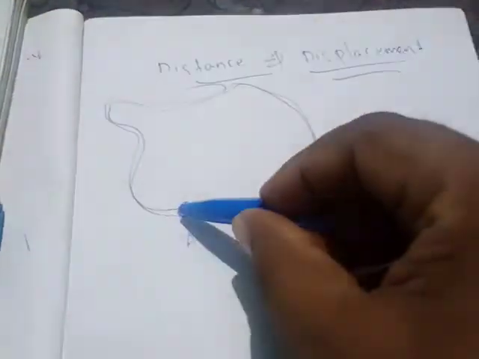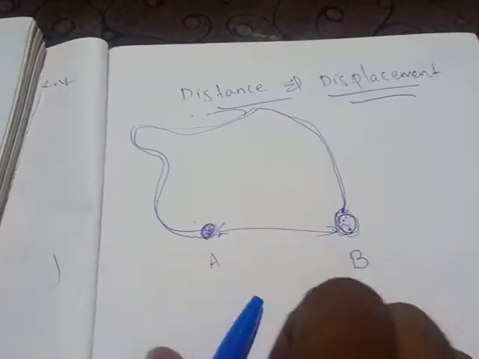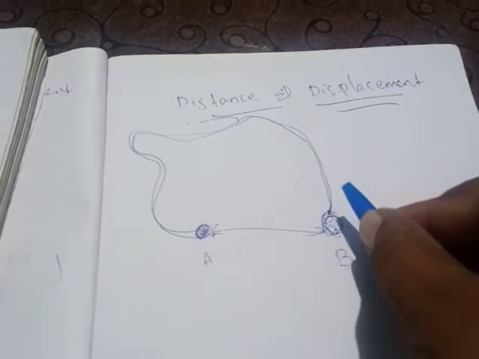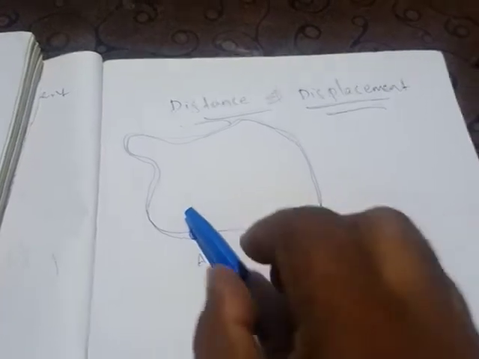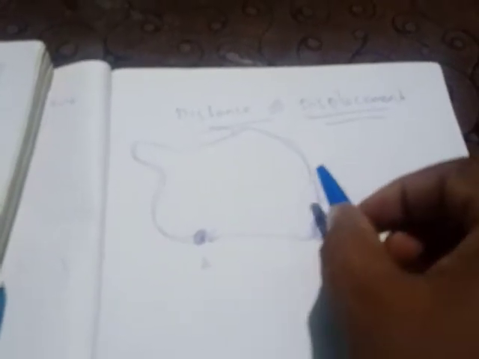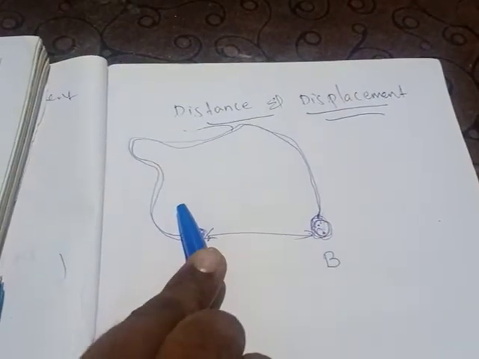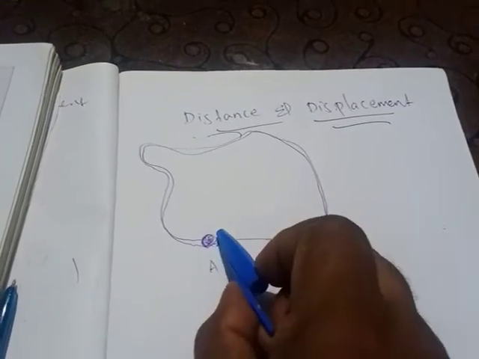So that is what I said. From this point I am coming to this point. So this is the shortest distance the object can take to reach from the initial point to the final point. From the initial point to the final point, the object chooses the shortest distance in a given interval of time.